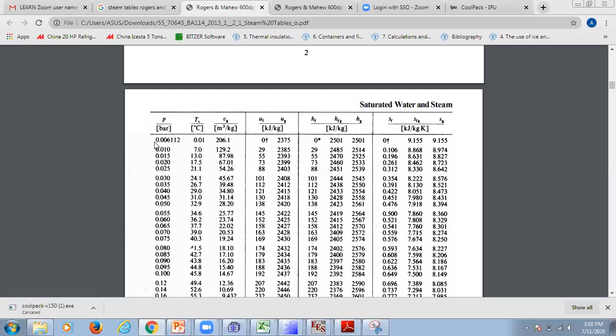So you can see at this pressure, your UF reference value is 0, HF is 0, SF is 0. For this calculation, internal energy, this is the reference 0. Enthalpy, this is the reference 0. Entropy, this is the reference 0. Starting here, slowly these values will be increased.